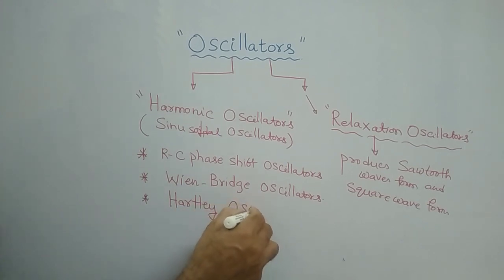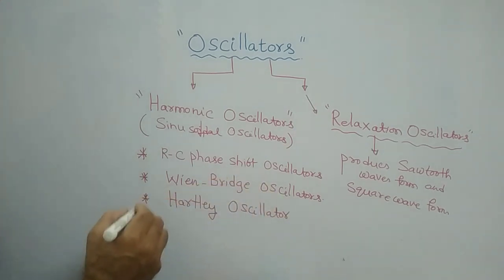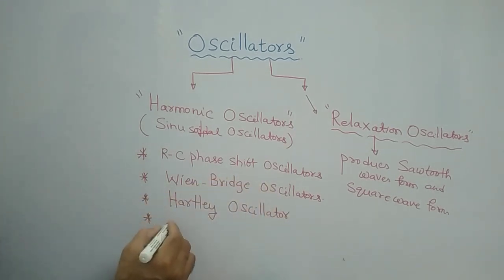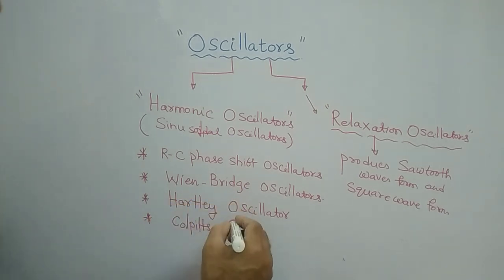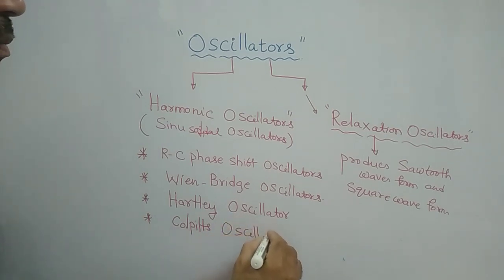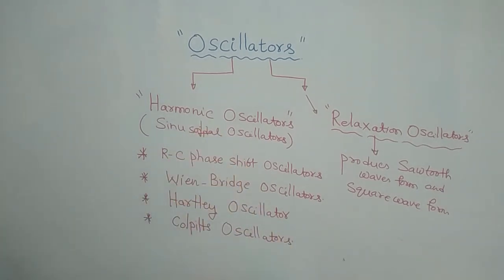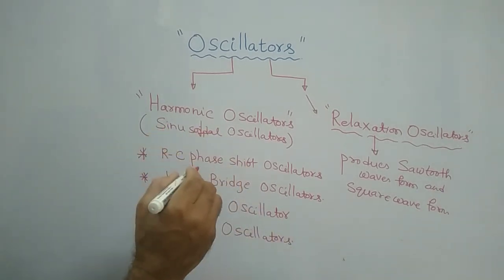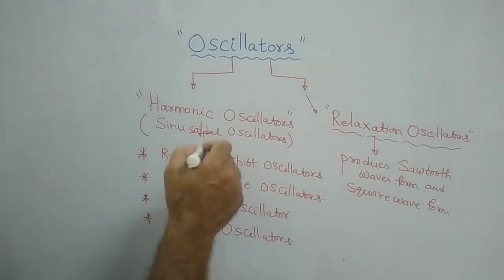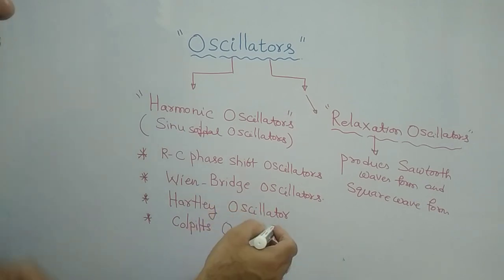And the fourth one is the Colpitts oscillator. These are the basic oscillators: RC phase shift oscillator, Wien bridge oscillator, Hartley oscillator, and Colpitts oscillator.